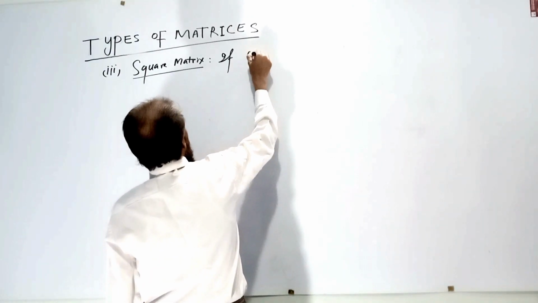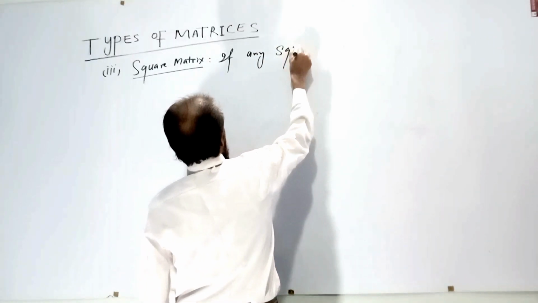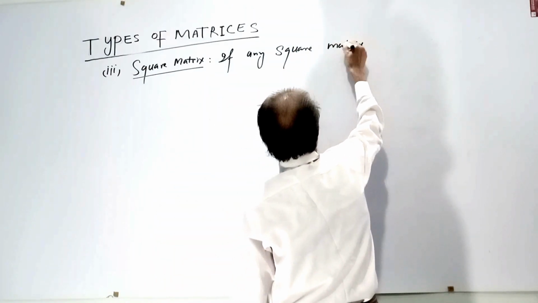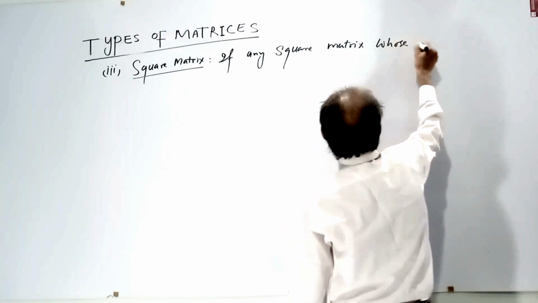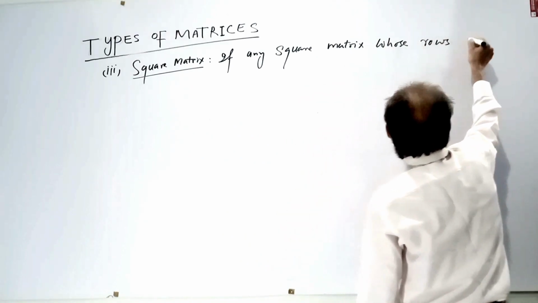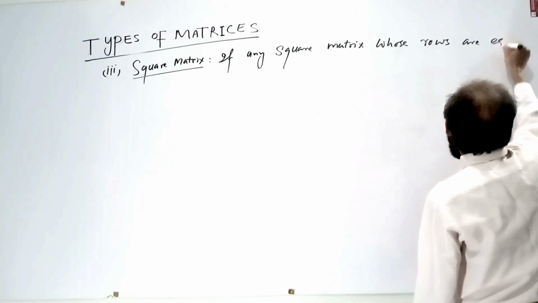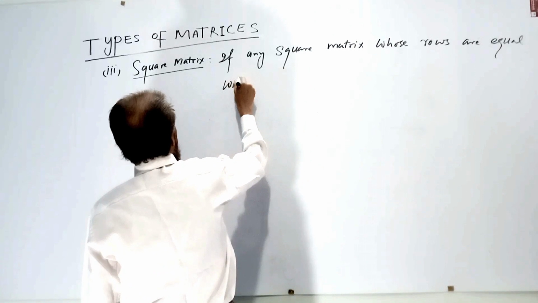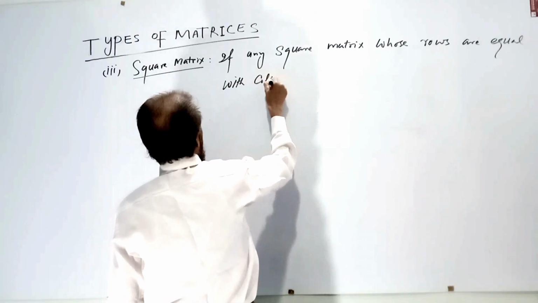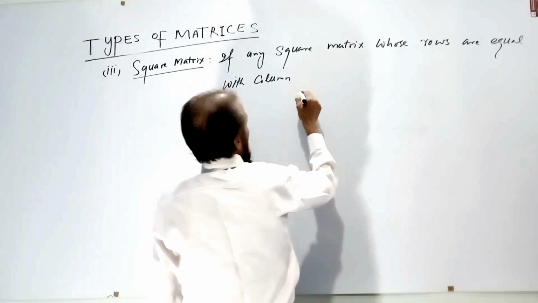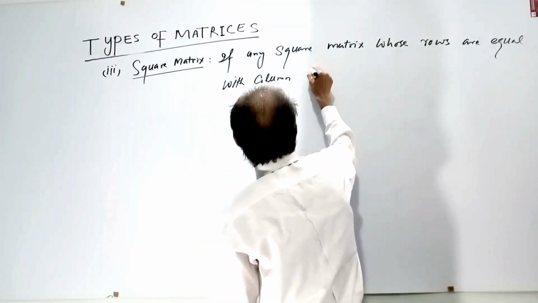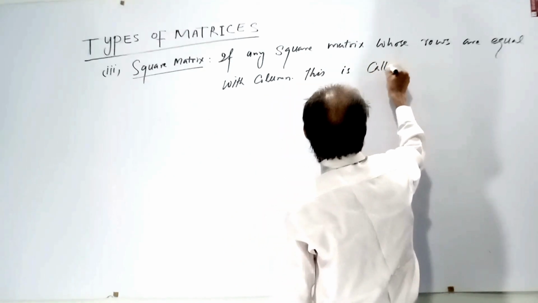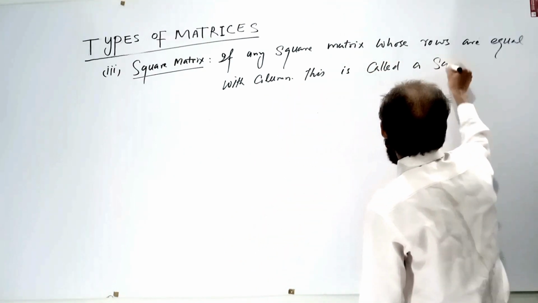If any matrix whose rows are equal with columns, that is called a square matrix.